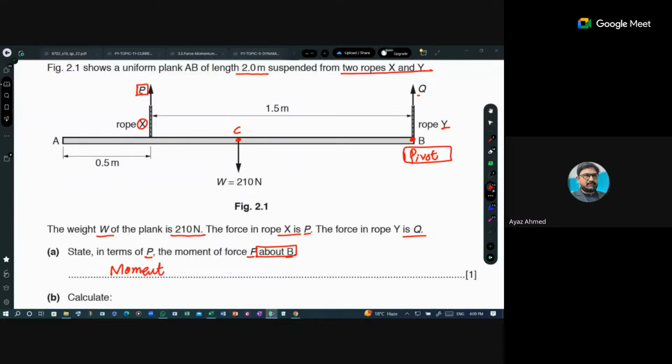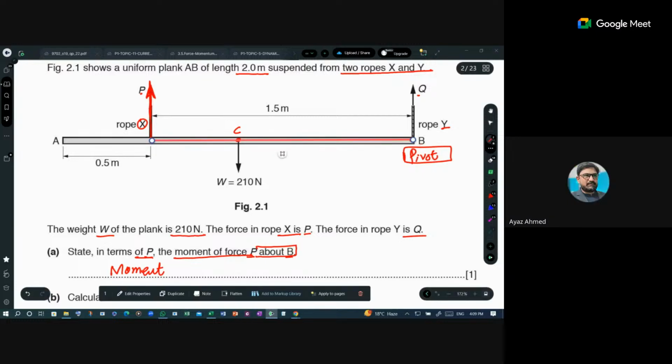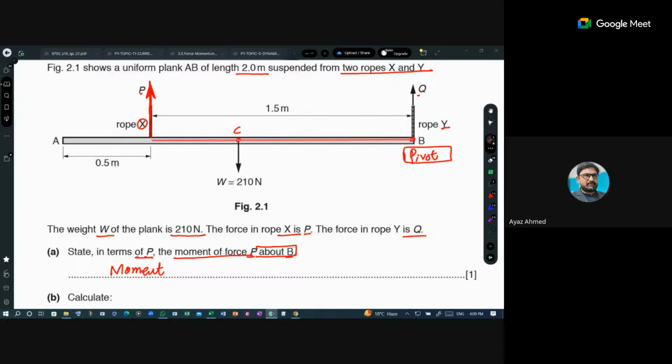State in terms of P the moment of force P. I mean, moment of this force, the force which is acting at this point in the upward direction. I have to figure out the moment of this force about point B. So when I'm saying about point B, it means I have to consider this distance, 1.5, from the pivot to this point of line of force.